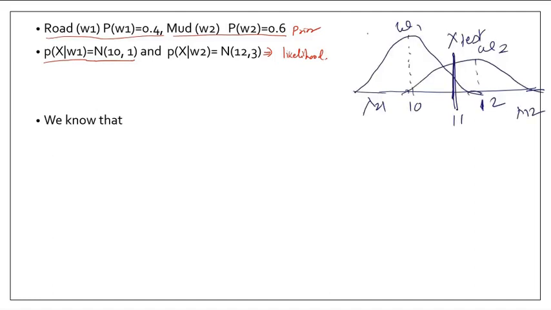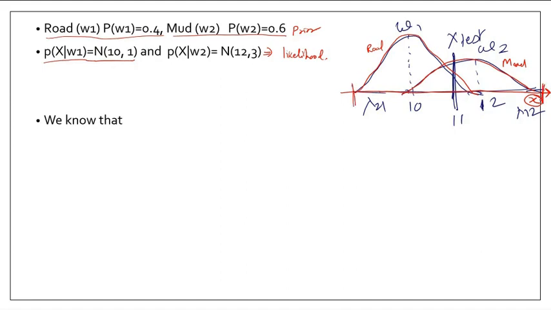If I plot that, you will see this is the plot for omega 1, that is your road, and this is the plot for omega 2, that is the mud. This is the x-axis, which is the feature x. Feature x is ranging from some minimum value to some maximum value.